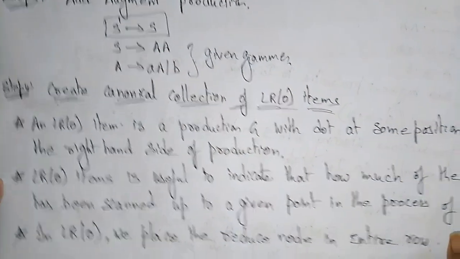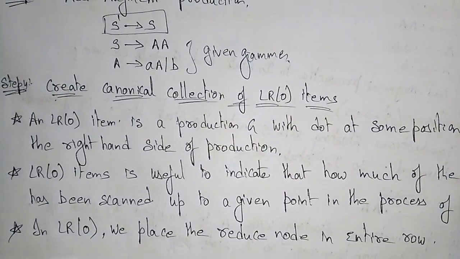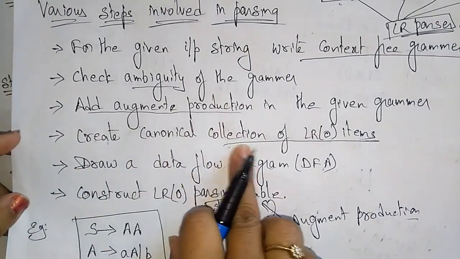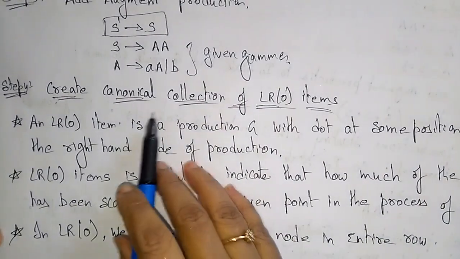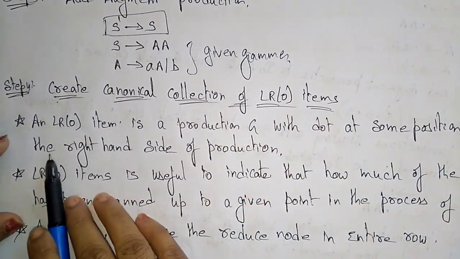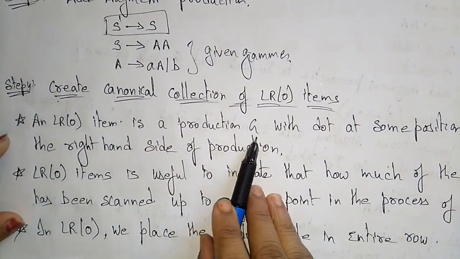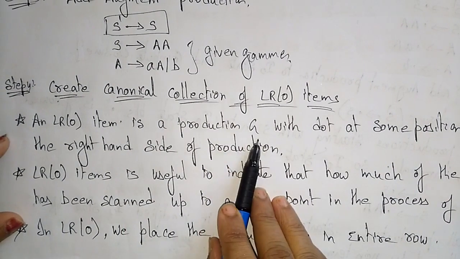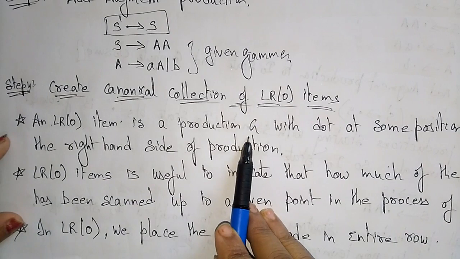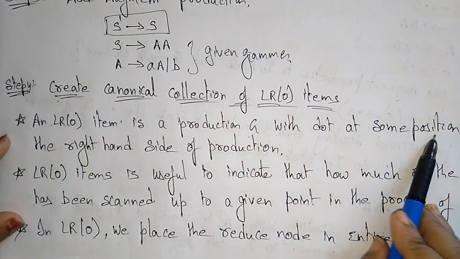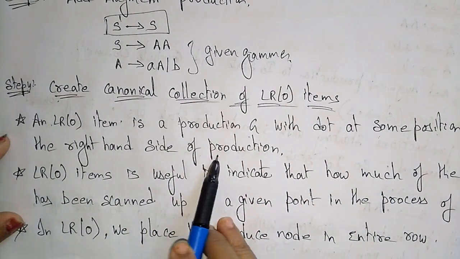Next, I have to create a canonical collection of LR0 items. How are you going to create it? An LR0 item is a production of G with a dot at some position on the right-hand side of the production.